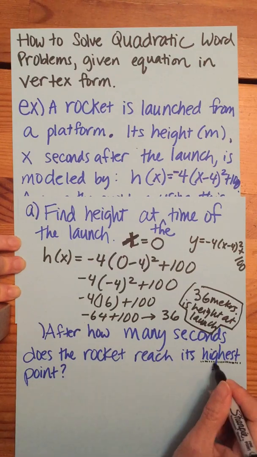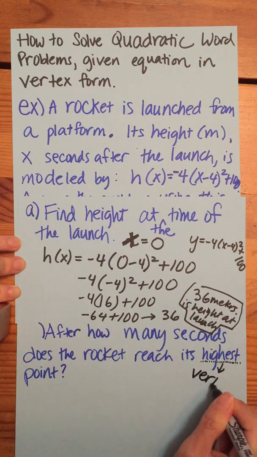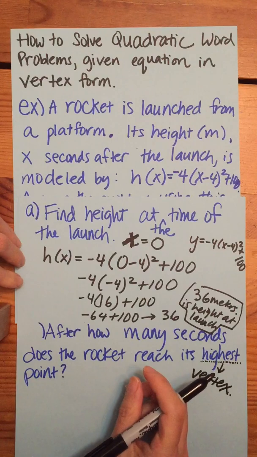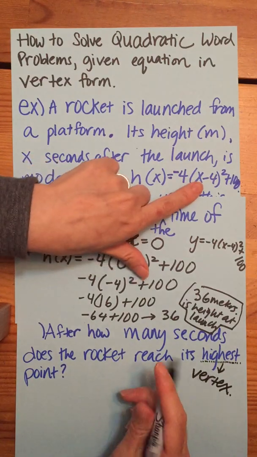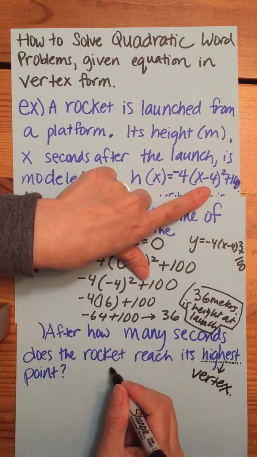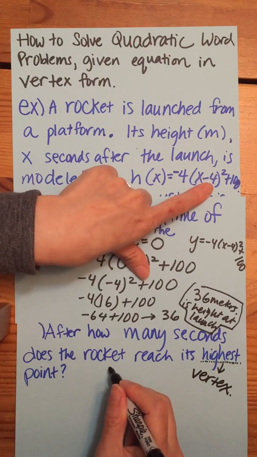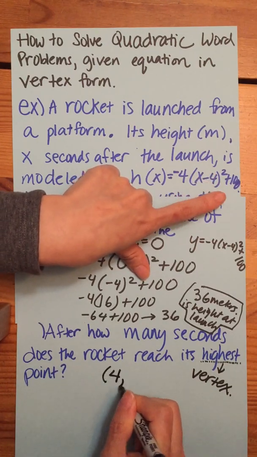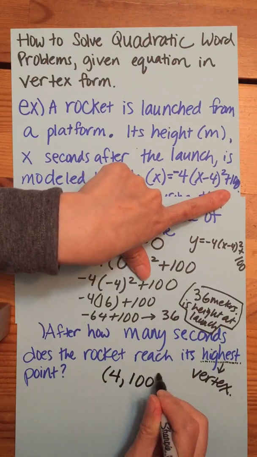So this is asking for the vertex because of the word highest. And because this is in vertex form, you should be able to find the vertex right away. We already did that before, so remember that the vertex in vertex form is just the opposite of whatever is subtracted inside the parentheses, comma, whatever the number is that's being added outside of the parentheses.